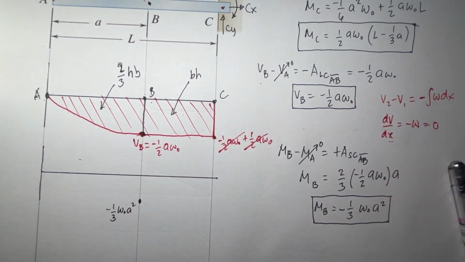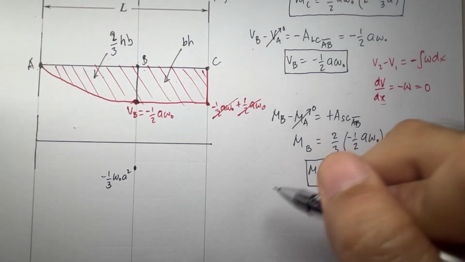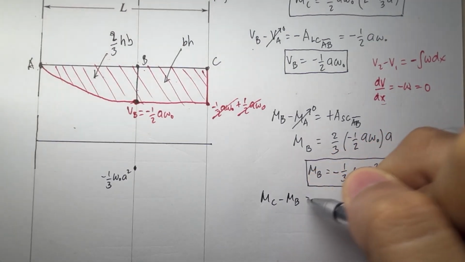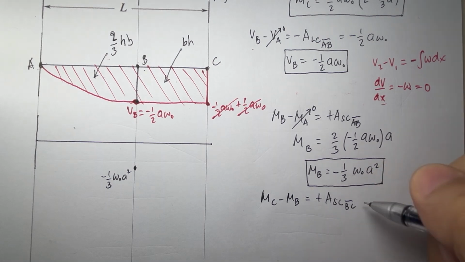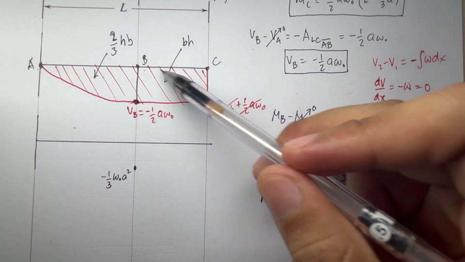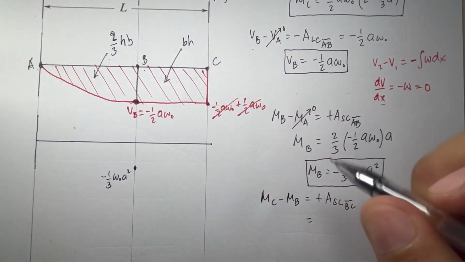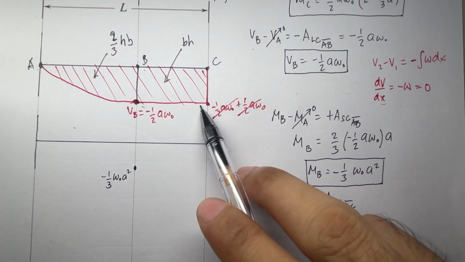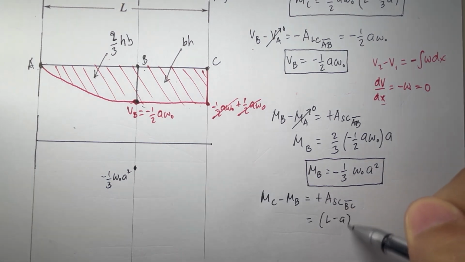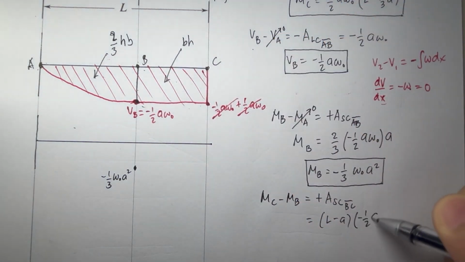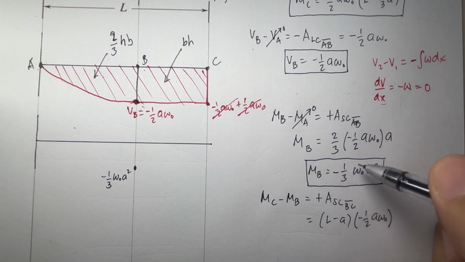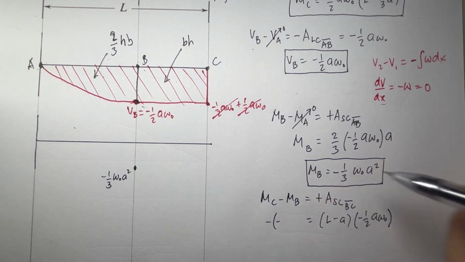Okay. Now how about point C? For point C, we have MC minus MB is equal to the positive area under the shear curve from B to C, where that is just equal to the area here, base times height, which is our base L minus A times the height, negative 1/2 A omega naught. Our MB here is negative times negative 1/3 A squared omega naught.